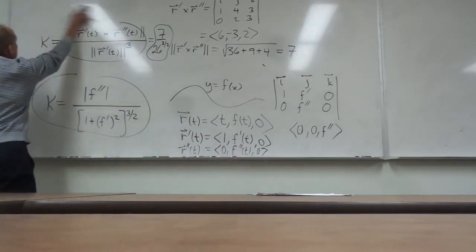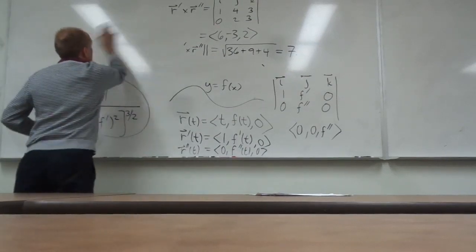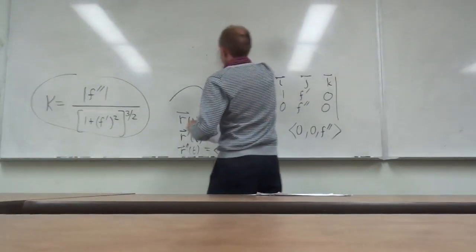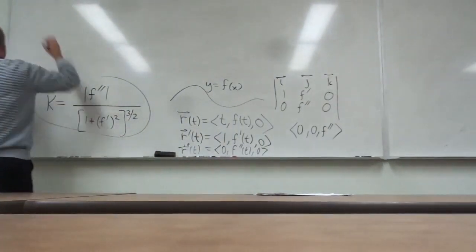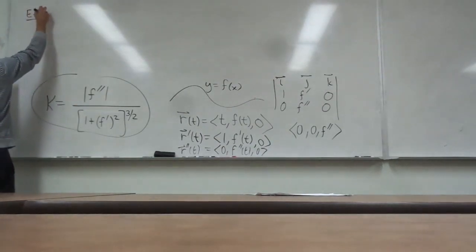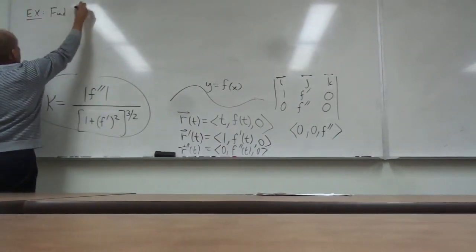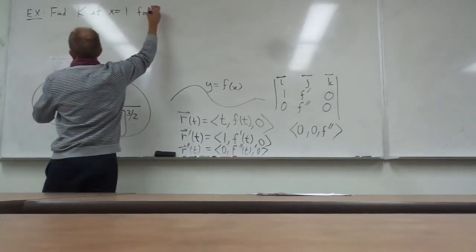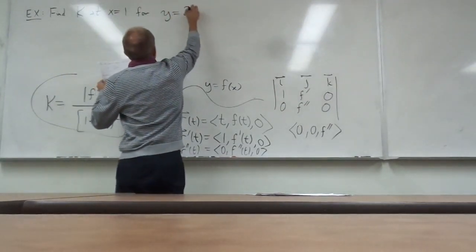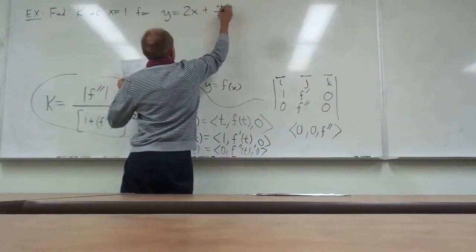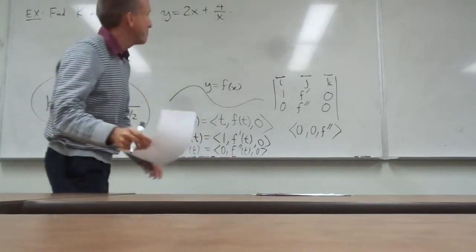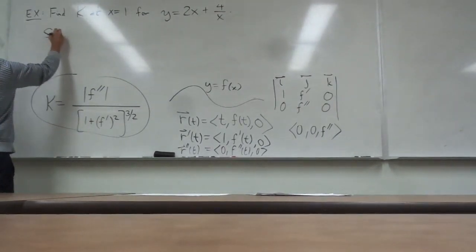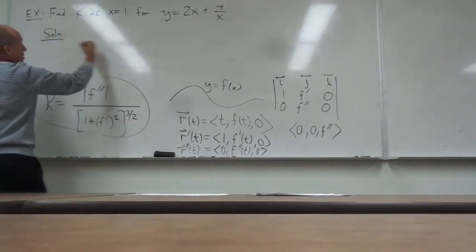Let me do an example of that now, and then you'll have all the examples that you need. Find k at x equals 1 for y equals 2x plus 4 over x. This gets remarkably simple. This is my f of x.